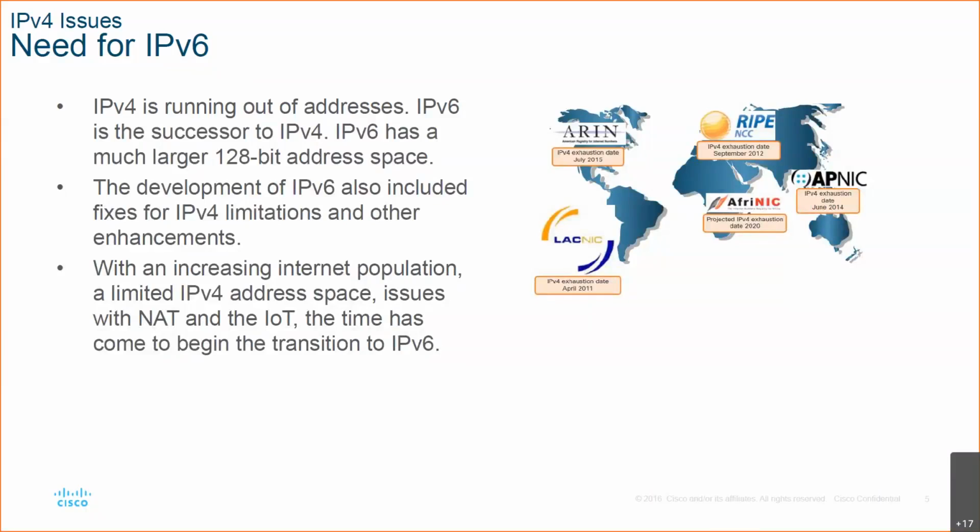If you look at all these different internet agencies, North America, IPv4 exhaustion date was 2015. Latin America was 2011. Okay, Europe and Middle East was 2012. Asia Pacific region was 2014.